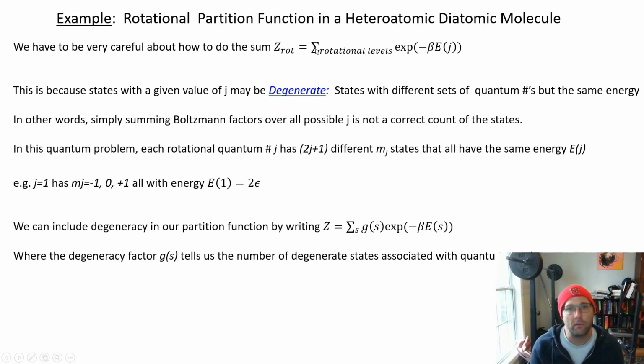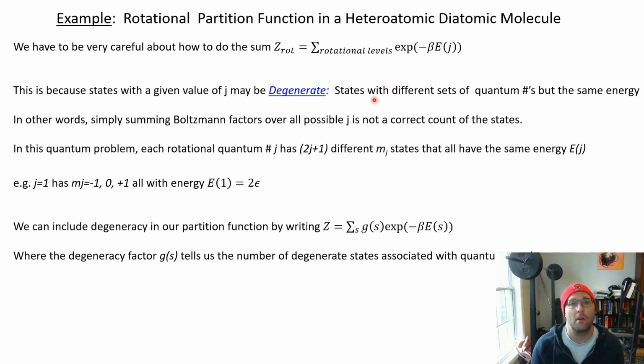So if you just try to sum over all the rotational levels and plug in that formula for E of j, you're not going to get the right count of Boltzmann factors under this sum. And the reason is, if you pick a given value of j, you might have a degeneracy, which is more than one different state.